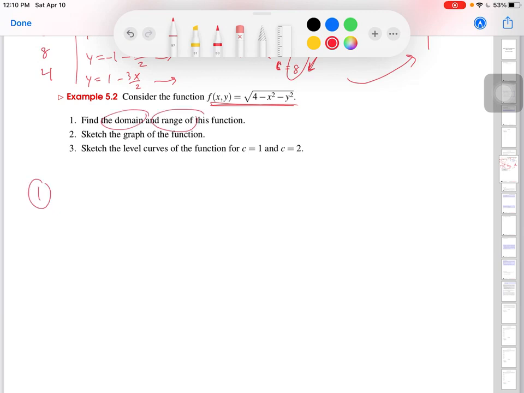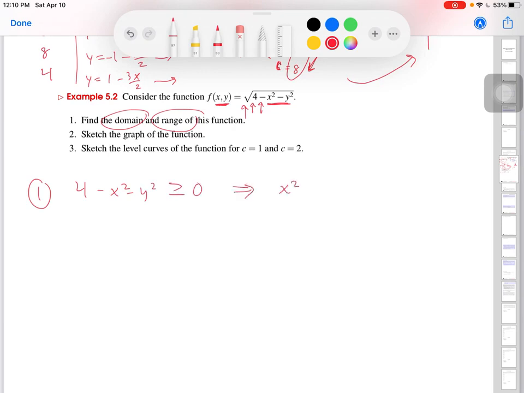So in terms of the domain, well, it sometimes pays to think a little bit about what the function is doing. Here we're taking an x and y value, there they are, subtracting it from 4, okay, but then we're taking the square root. So at least in this class, we can't take square roots of negative numbers. So we need this argument of the square root to be non-negative.